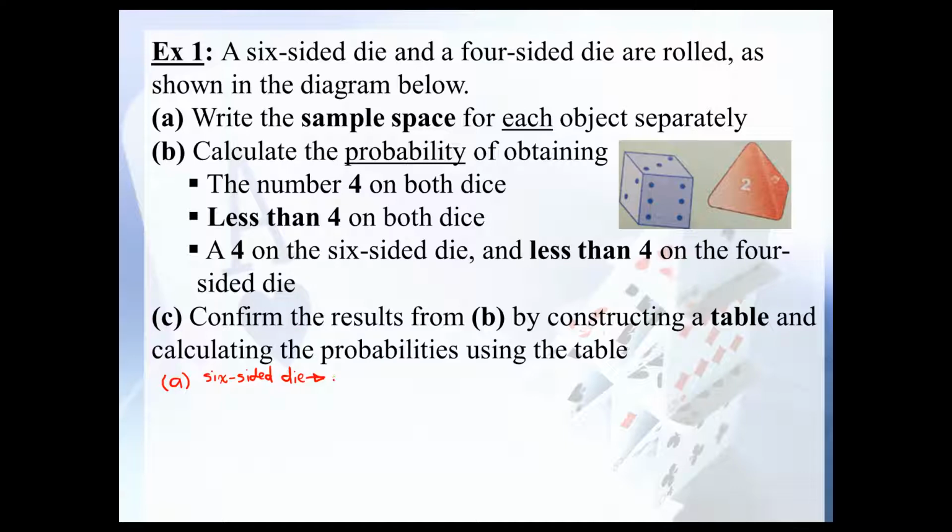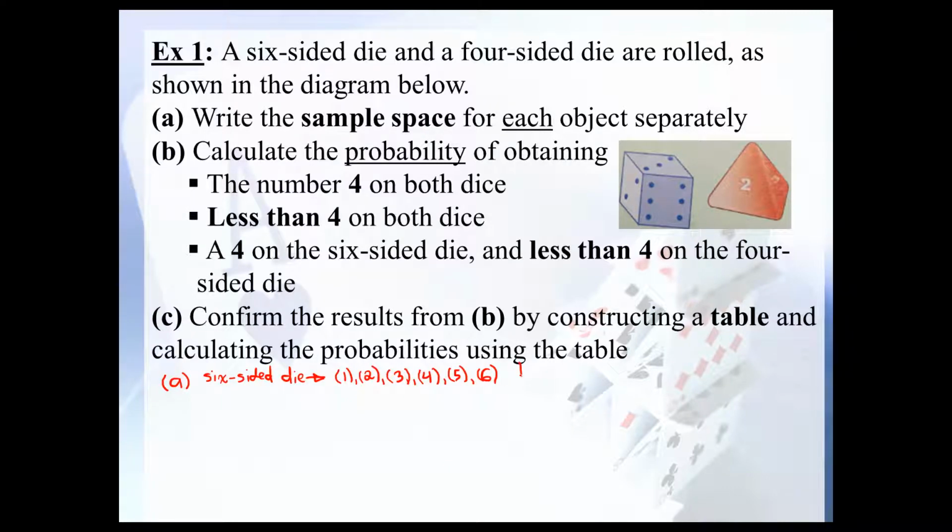So for a 6-sided die, my possible outcomes would be: you could roll a 1, you could roll a 2, you could roll a 3, you could roll a 4, you could roll a 5, or you could roll a 6. That's my sample space for just the 6-sided die. Again, I'm doing the sample space for each object separately, not the combination of the two of them.